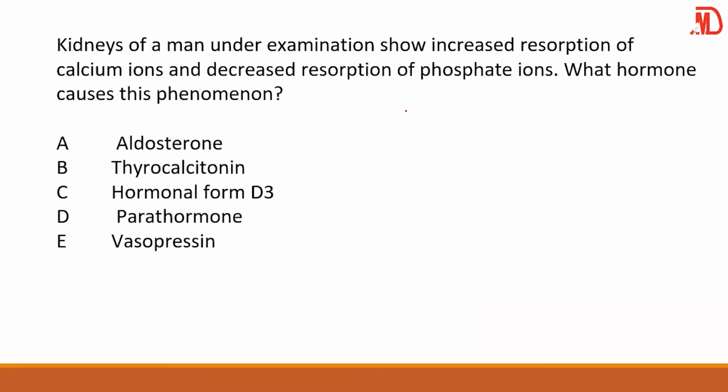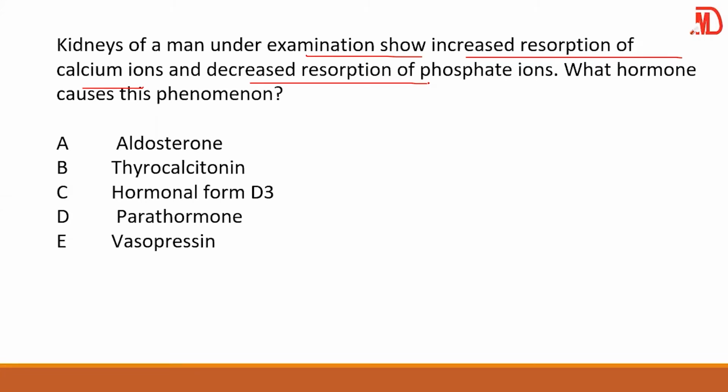Kidneys of a man under examination shows an increased resorption of calcium ions and a decreased resorption of phosphate ions. What hormone causes this phenomenon? If I were you, I'll just ask myself, what hormone is involved in calcium reabsorption?